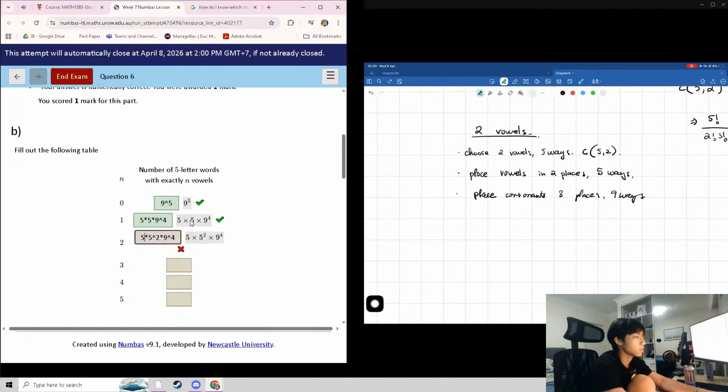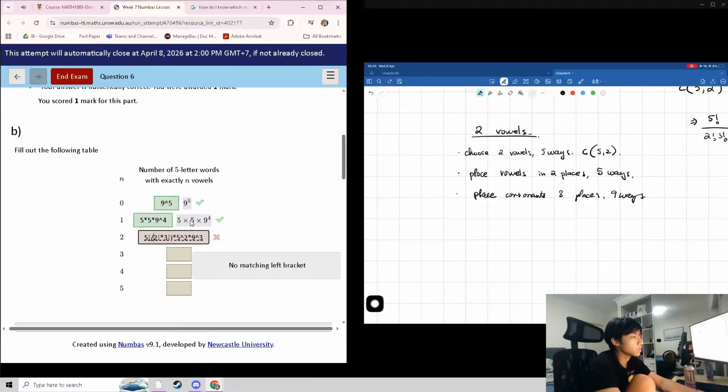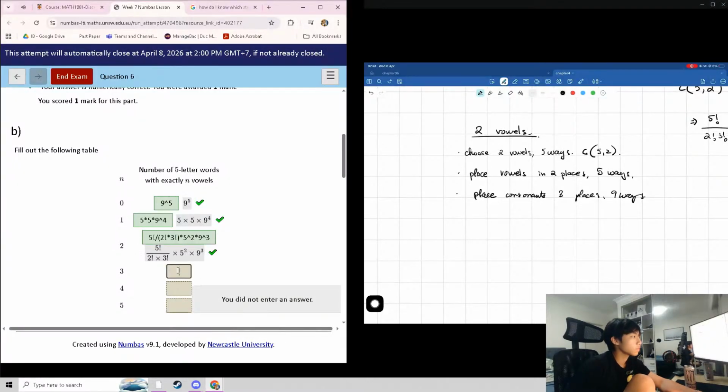Sorry, 5 factorial over 2 factorial times 3 factorial times 5 squared times 9 to the 3. Okay. 5, same.